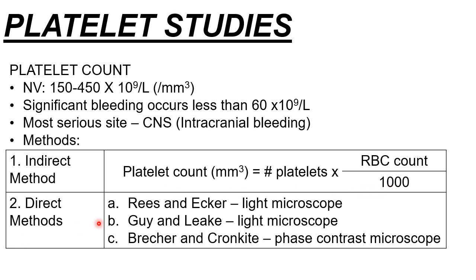And then sa direct methods naman, pwede kang gumamit ng tatlong types of strategies. Rees-Ecker, Guy and Lick, and Brecher and Cronkite. The difference between the three, only Brecher and Cronkite is to be done using phase contrast microscope.